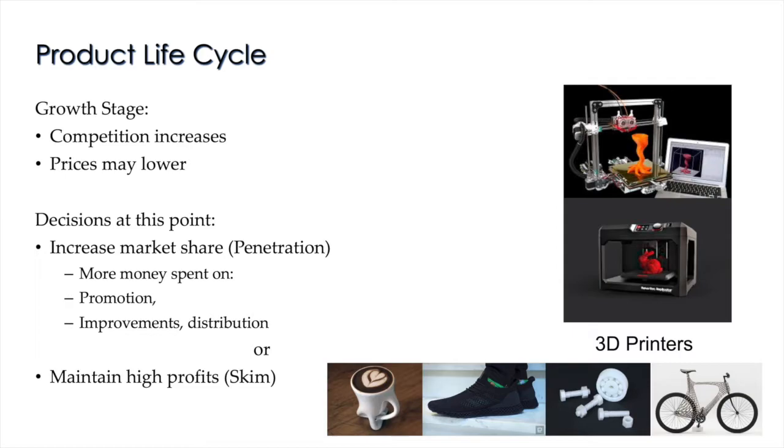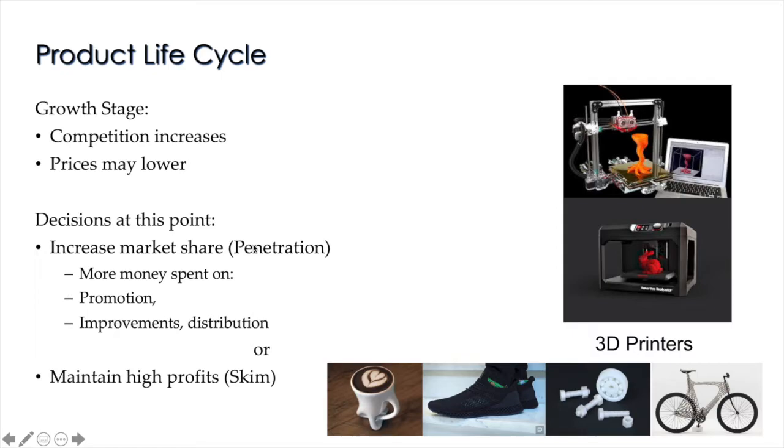Well, is anyone going to come mess with us in the growth stage? Yeah, all of a sudden, competition looks at what's been done. It's going to increase. So what do we do? Prices may lower because your competition has come in and lowered their price of a similar product. So again, here's a decision-making point. Do we penetrate the market?